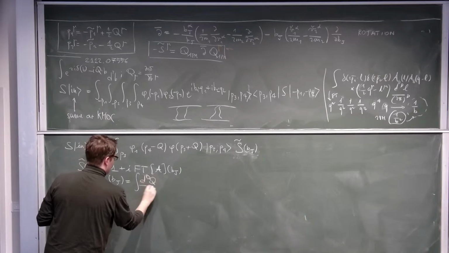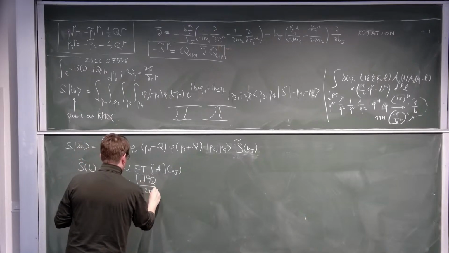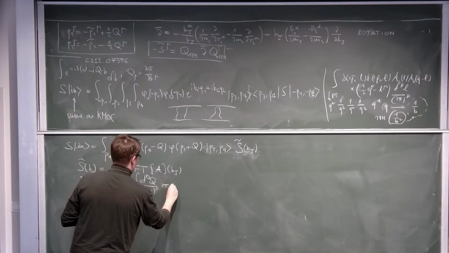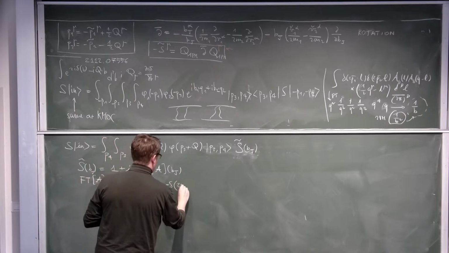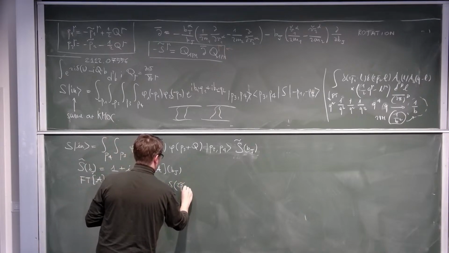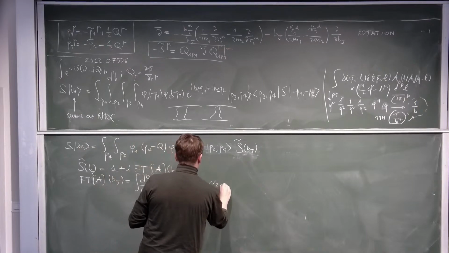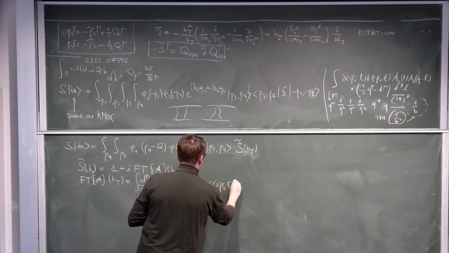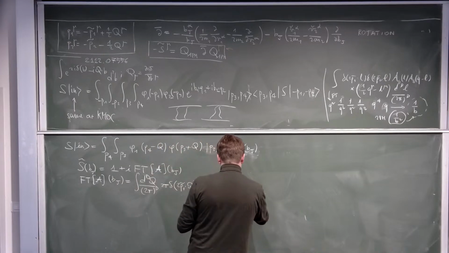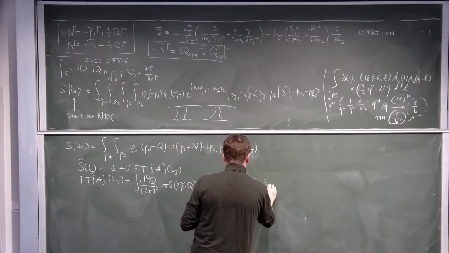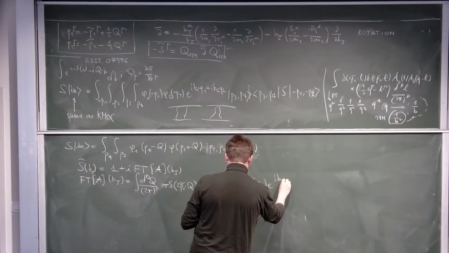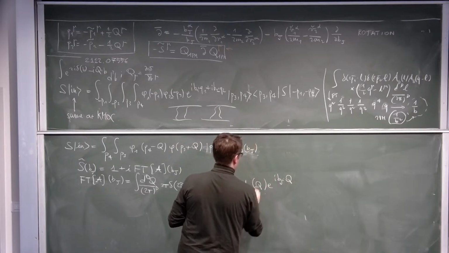dq, so now there is a d-dimensional integration, times our familiar delta function, which is conveniently written in terms of these tilde variables, and the amplitude, and finally the exponential.